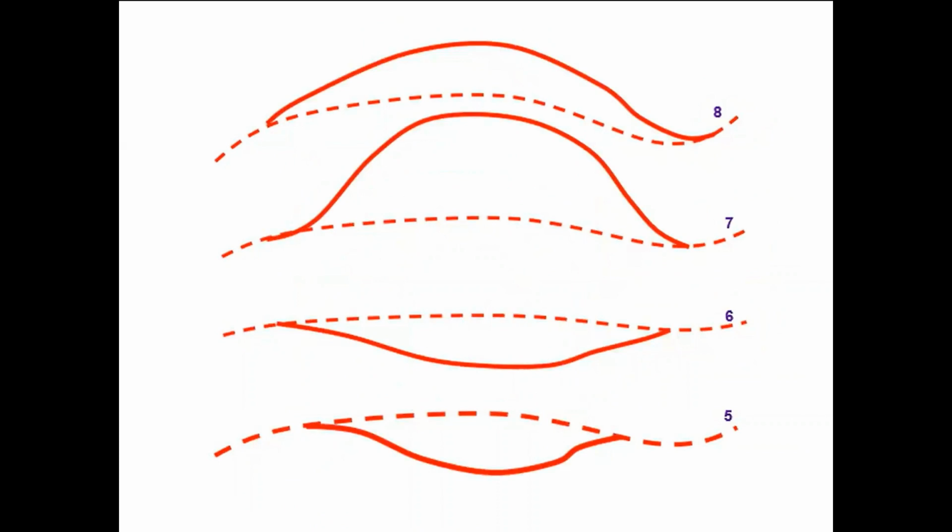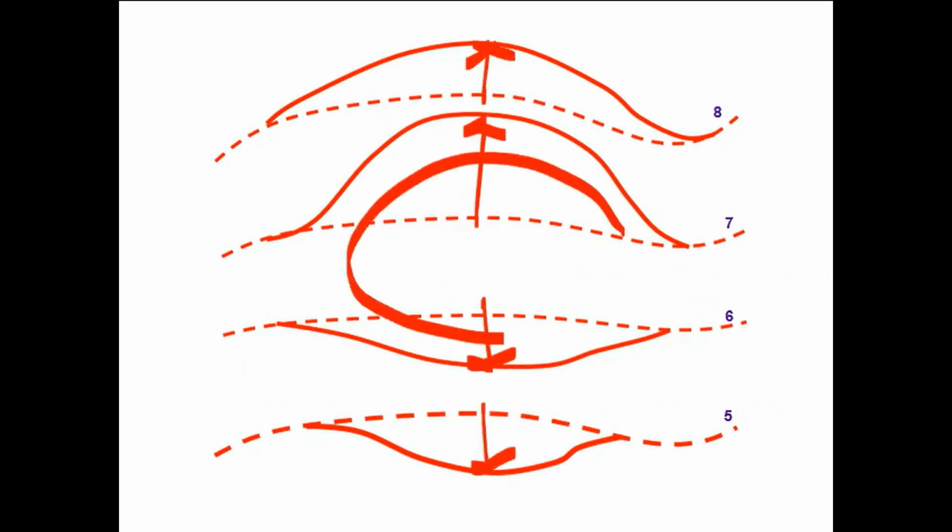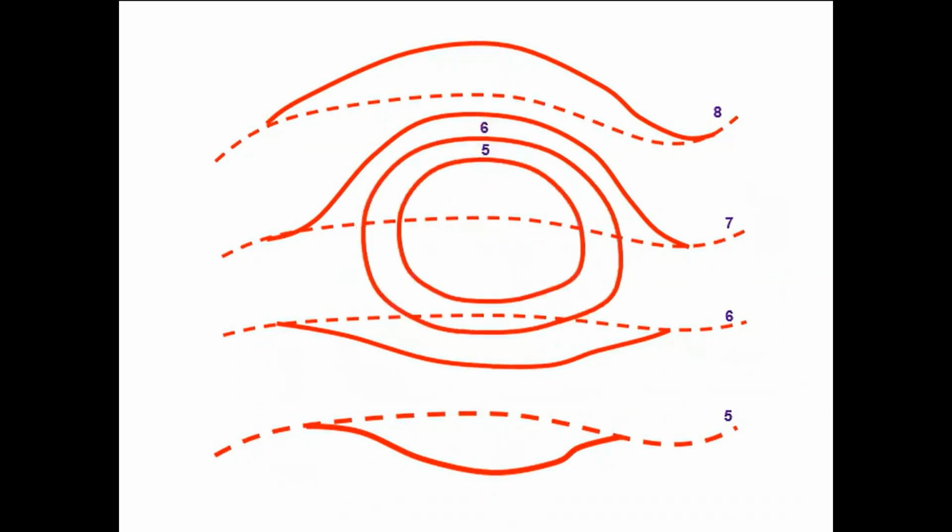So the first thing we want to do is very simple. We want to take these contours and push them so that we have a flat area in the middle. This flat area then we're going to excavate out so that we can hold water in it.